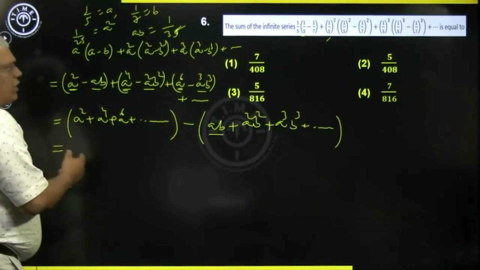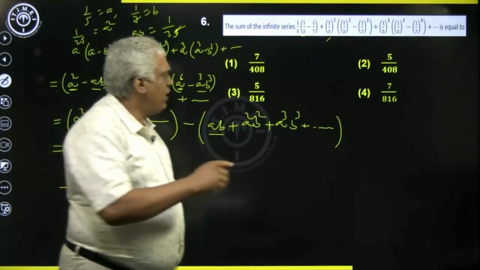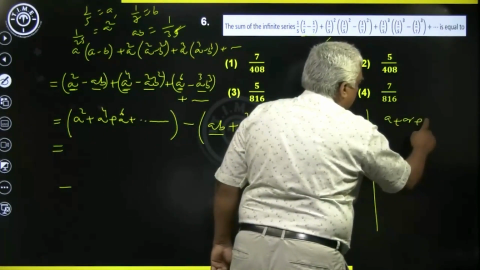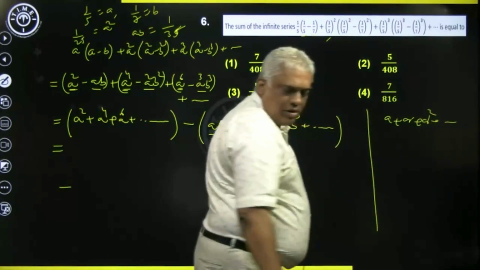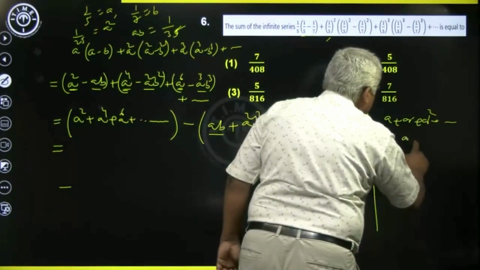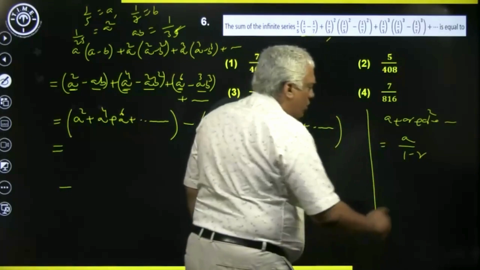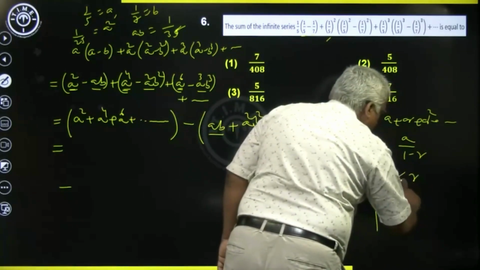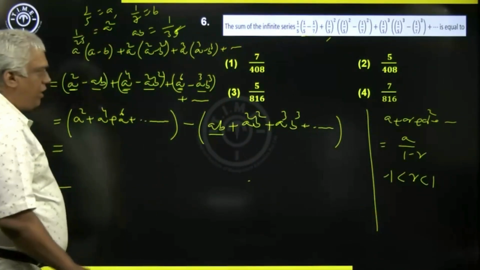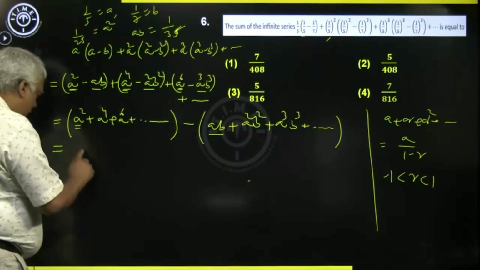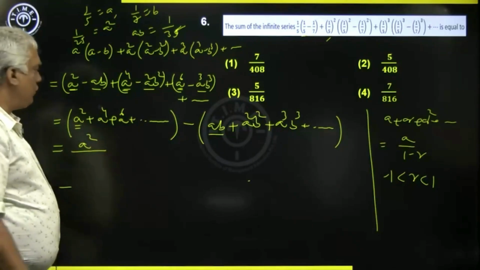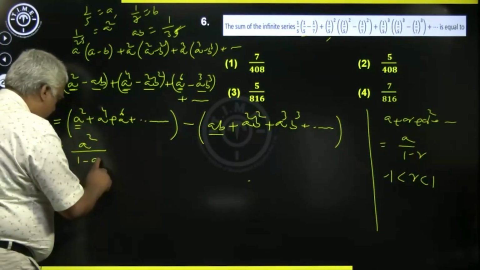So we know the formula for an infinite GP series, A plus AR plus AR square, dot dot dot. For this kind of infinite GP series, the value is the first term by 1 minus the common ratio, and the common ratio has to be between minus 1 and 1. So here the first term is A square and the common ratio is also A square, so it is A square by 1 minus A square.